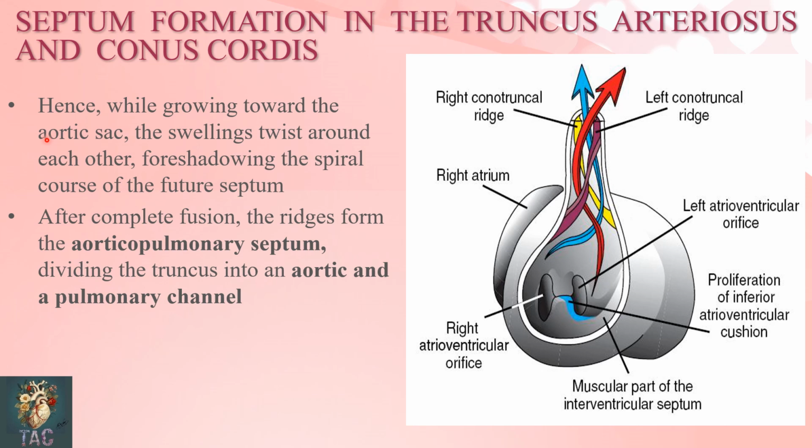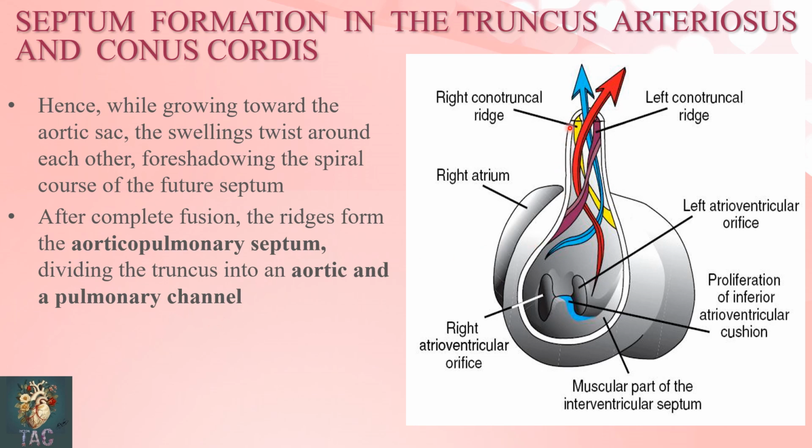What happens next is that while growing towards the aortic sac, the swellings twist around each other. You can see both of these swellings twisting around each other, foreshadowing the spiral course of the future septum. After complete fusion, the ridges form the aorticopulmonary septum and divide the truncus into aortic and pulmonary channels.